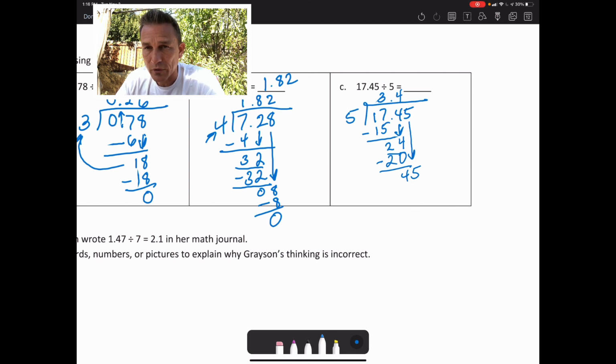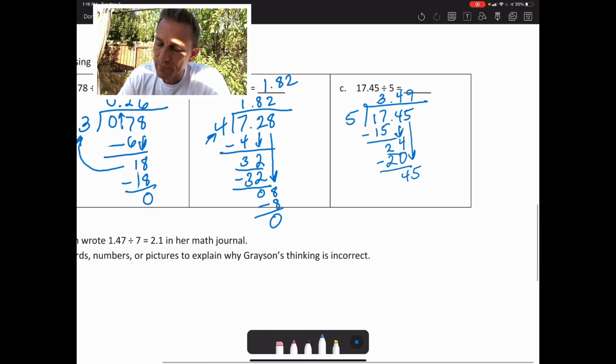The answer to what goes in the hundredths place is how many times 5 goes into 45. So the amount of 5s that goes into 45 is 9. So 9 times 5 is 45, and there's no hundredths left. So our answer is 3 and 49 hundredths.